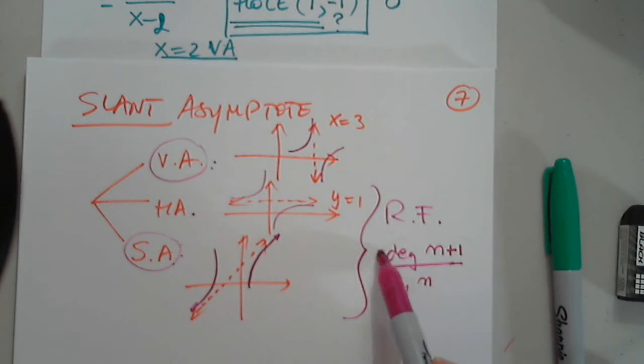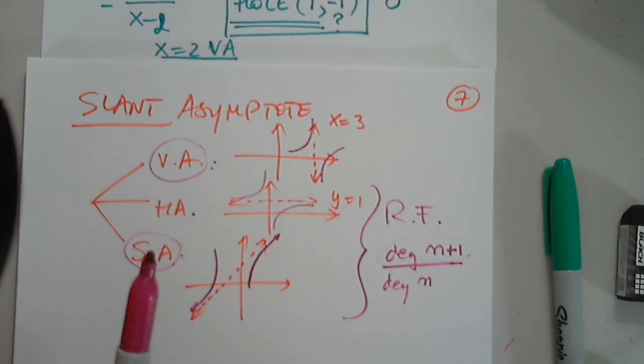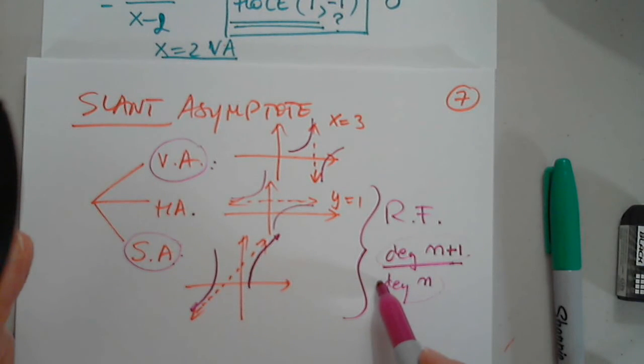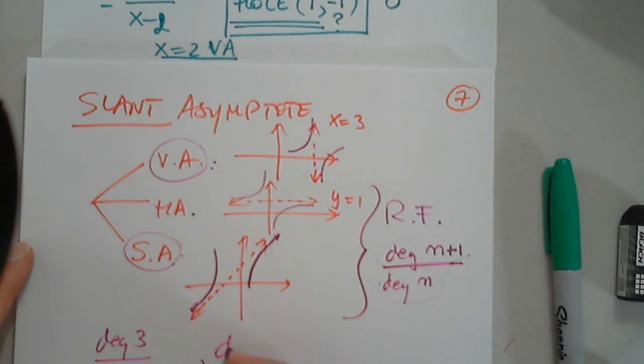Only when the degree of the top is exactly 1 unit bigger than the degree of the denominator. So let's say degree 3 over degree 2, or degree 5 over degree 4. Degree 3 over degree 1 does not have a slant asymptote.